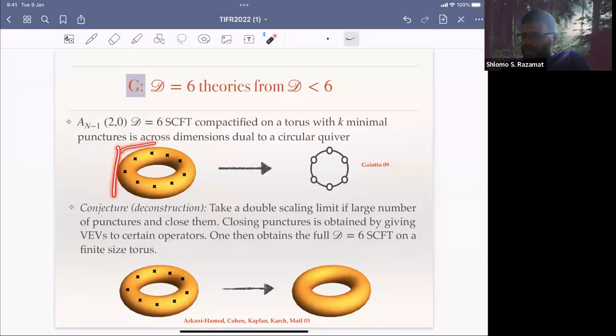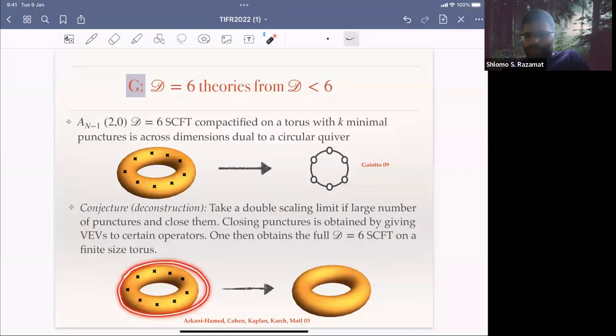The basic observation is that if you take a certain class of 2,0 theories in 6 dimensions and compactify them on a torus with punctures of certain types, you get a simple N=2 circular quiver theory. Okay, this goes back to the work of Gaiotto and maybe even before. Now, the statement of the construction, which was phrased slightly differently by these people when they discovered or conjectured it, is as follows.